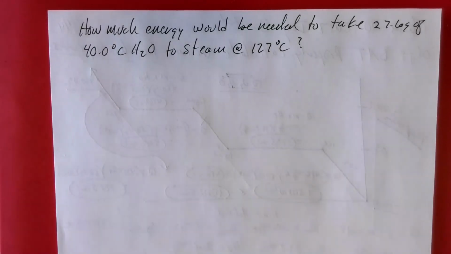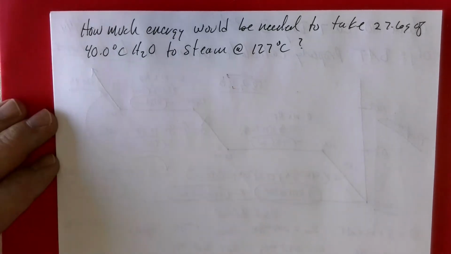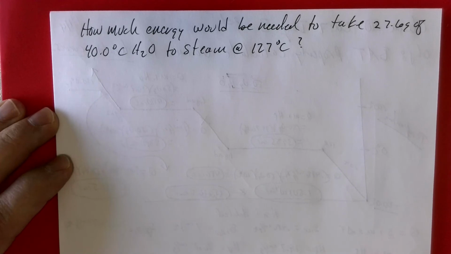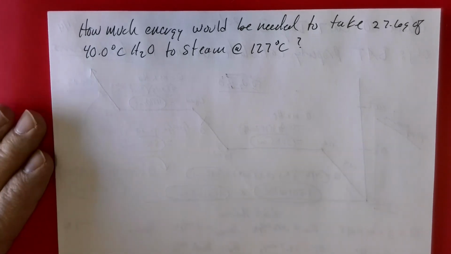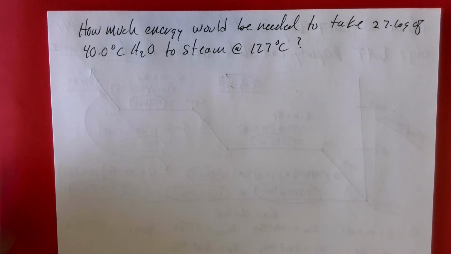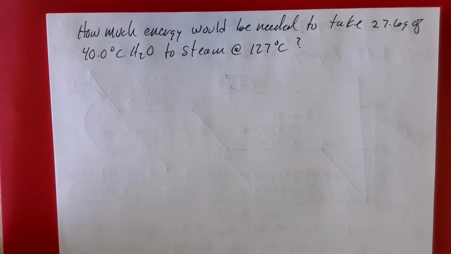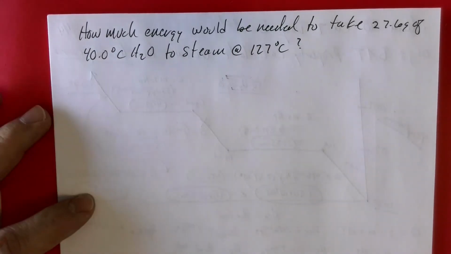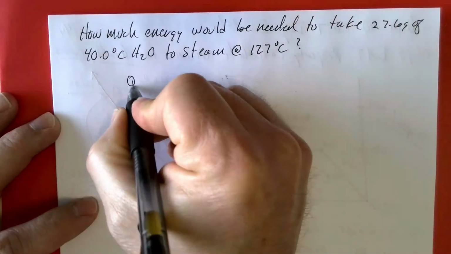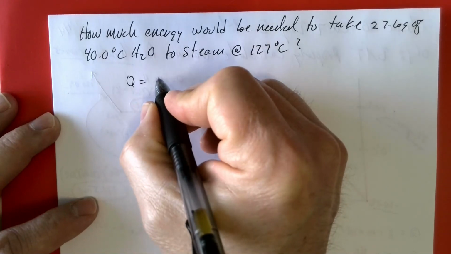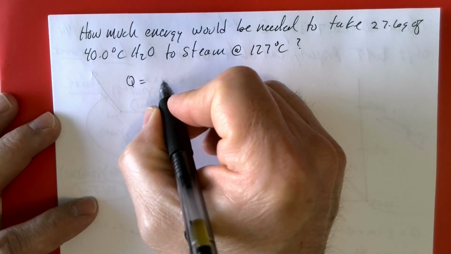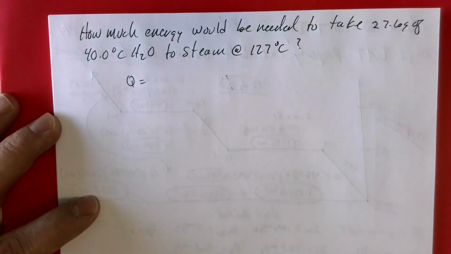Alrighty. Okay, so who was 3? Me. Okay, what do we got? What's my first step gonna be? You would do Q equals M times H of B. What did I put down?